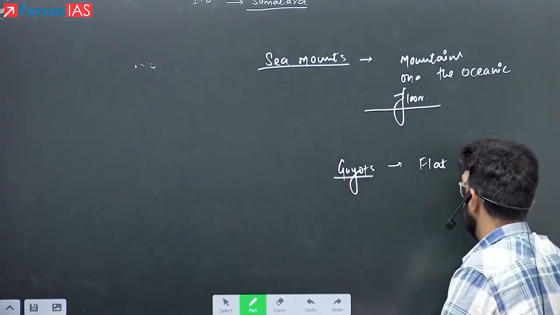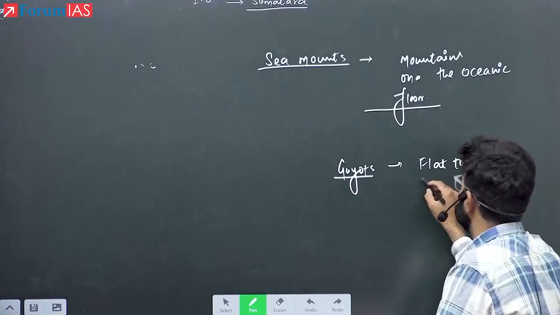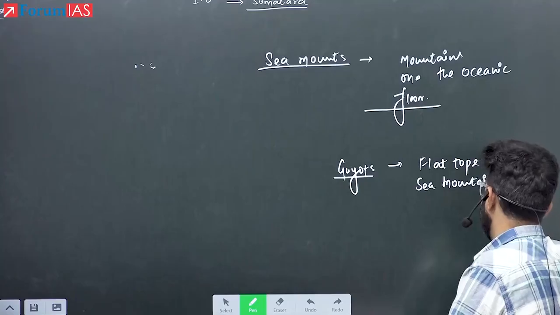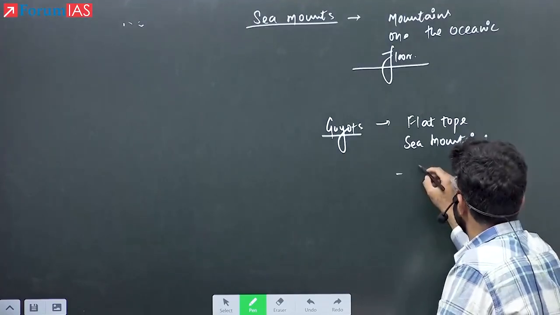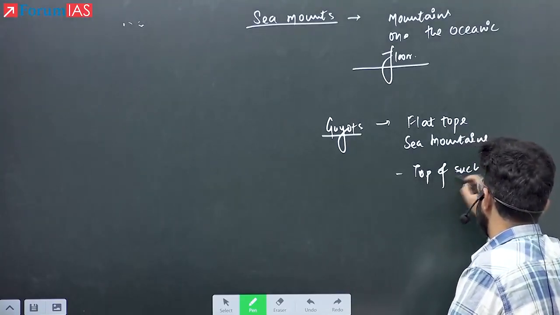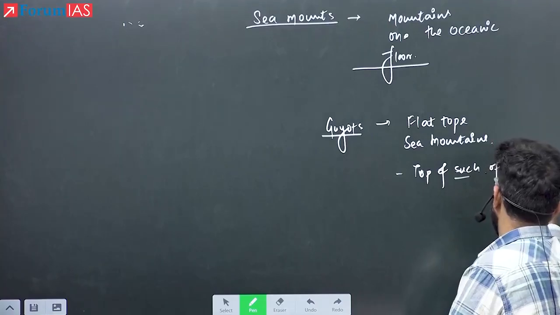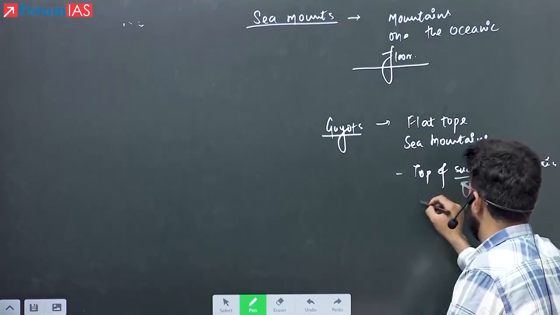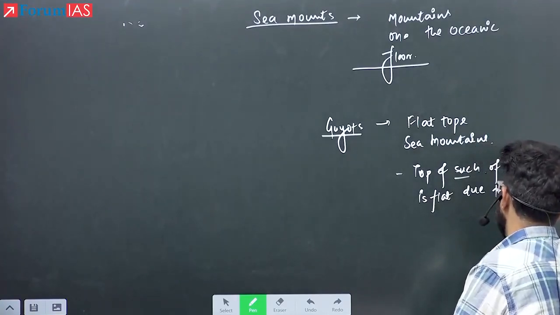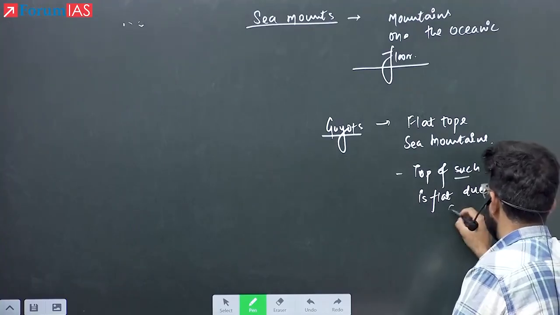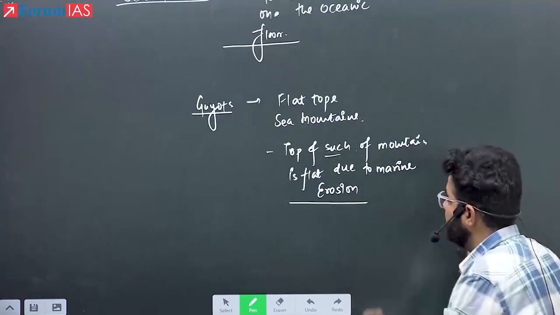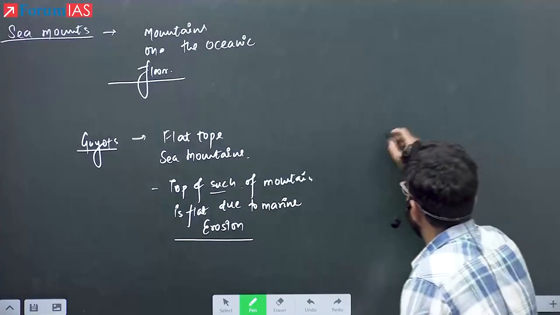Yes, flat-top sea mountains. The top of such a mountain is flattened due to sea erosion, or rather marine erosion, right?